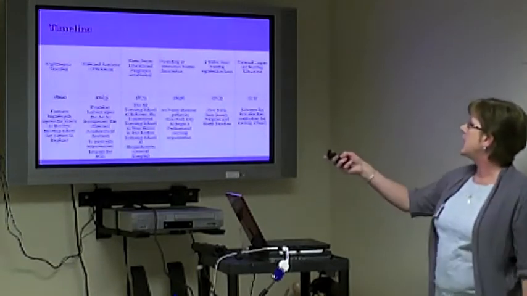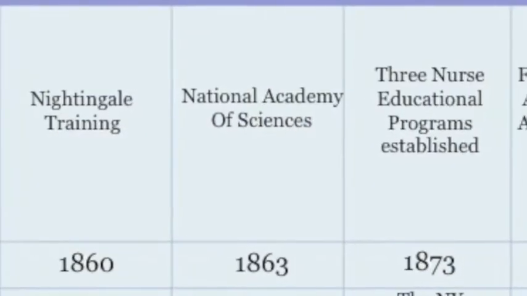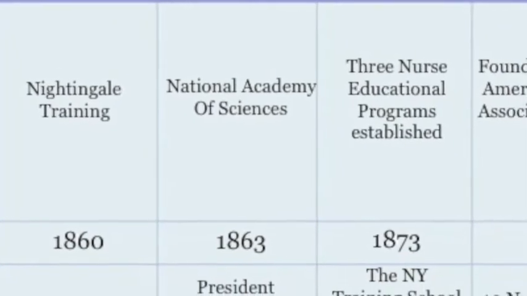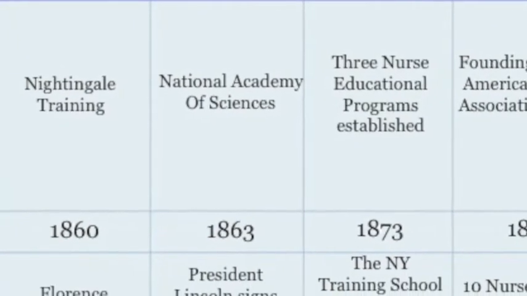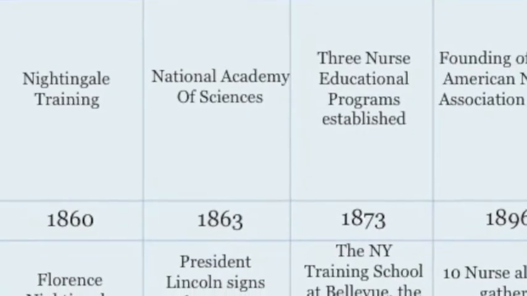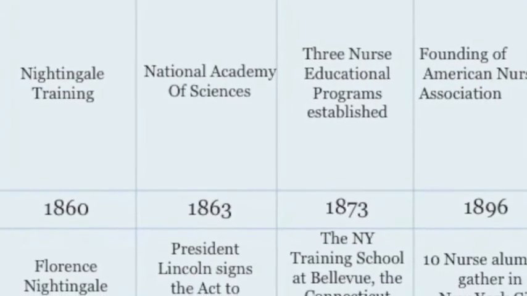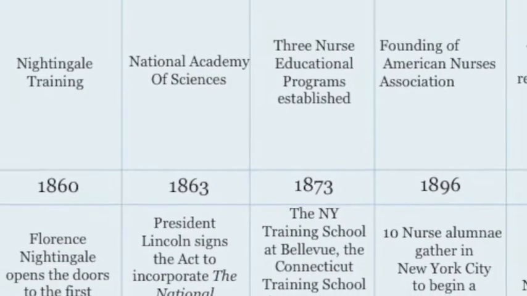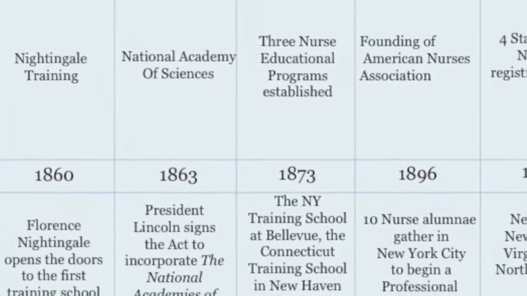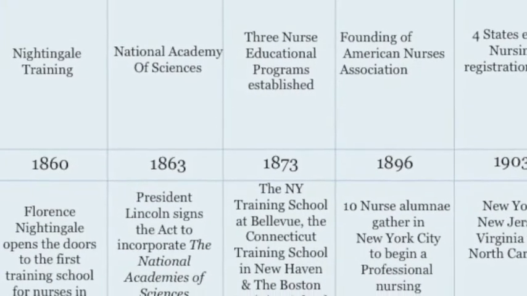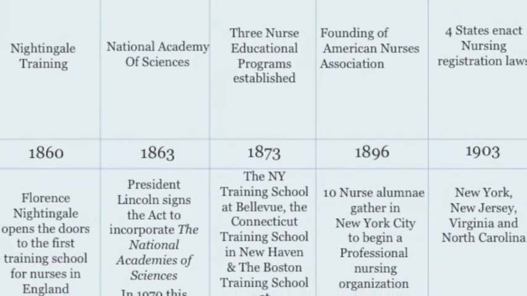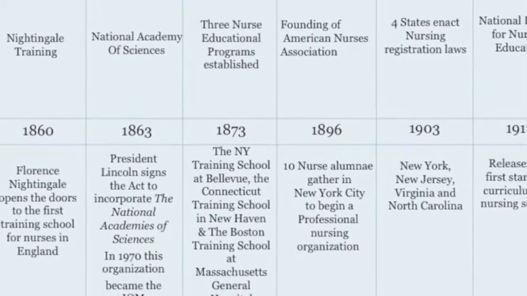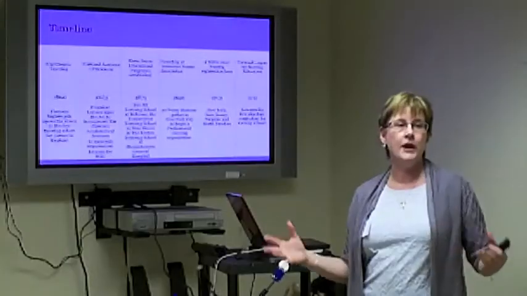So here's the timeline. Now, people are probably saying this is a nursing presentation, but I did want to bring up the fact that the National Academy of Sciences, which we know the IOM will springboard off of later on, started in 1863. So a lot of changes that have gone on in healthcare have really gone on in a very compressed time period, because even Nightingale did not know when she went to the Crimean War that a lot of disease was caused by microorganisms.